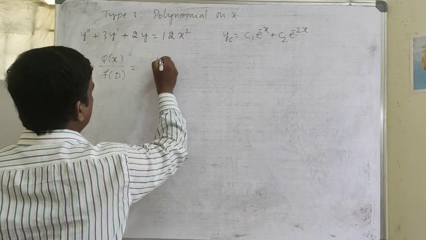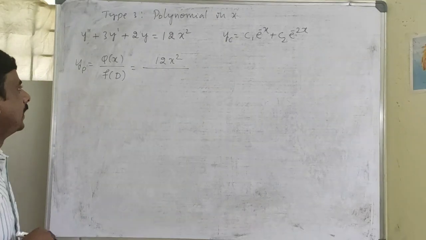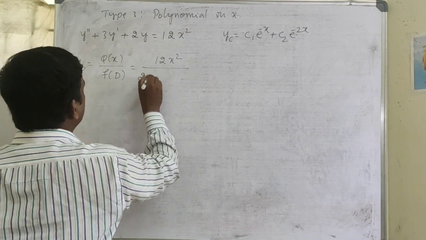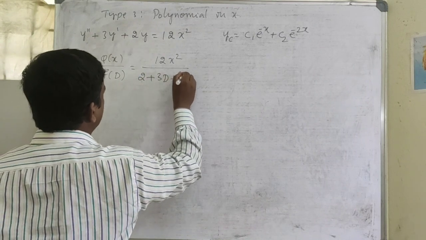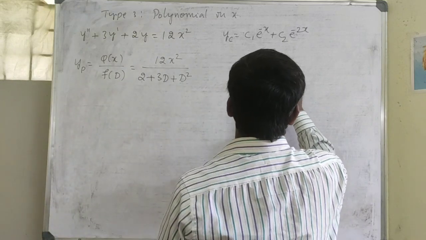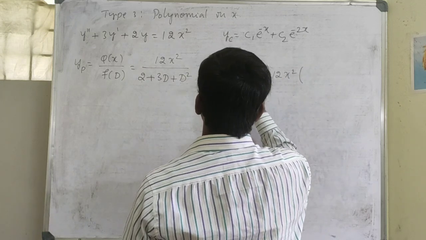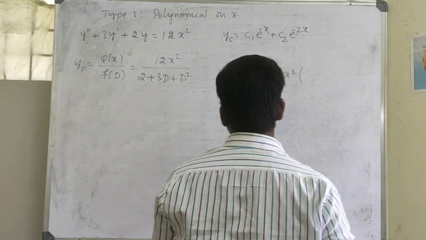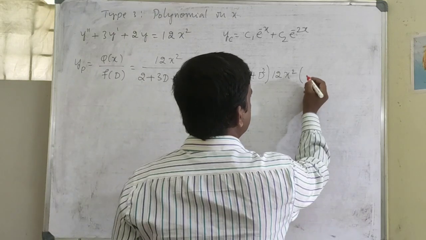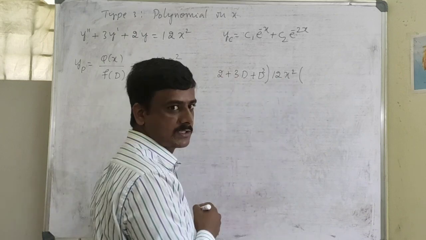Here there is only one term, no problem with this. Actually I have to write that in descending powers of x. Now f of d, you have to write that in ascending powers of d. Start from the constant term: 2 plus 3d plus d square. Now it is divided. So 12x square divided by 2 plus 3d plus d square. Now to divide this, I should write a term whose product with 2 gives 12x square.